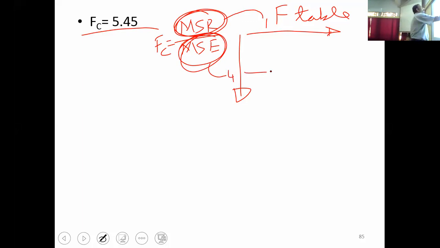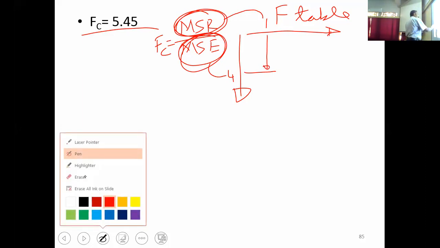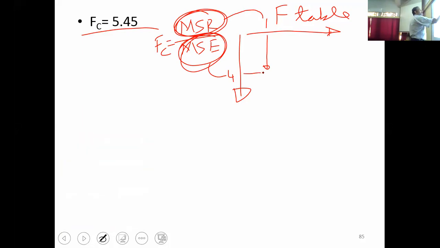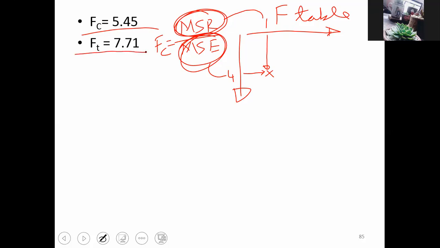Take the value for 1 and 4, then you will get the answer in the F table. Anyone, what is the value? 7.7. Okay, yes, good. 7.71 is the table value. You should know how to look at the table. This is the numerator degrees of freedom. This is the denominator degrees of freedom. So both degrees of freedom are important.